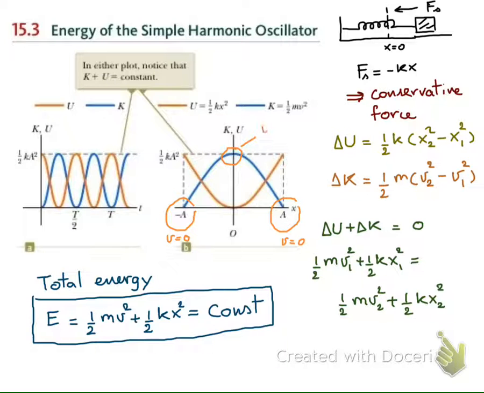When the kinetic energy is maximum, it means that the velocity is maximum also, right? And the potential energy is minimum. You can see that at the minimum value of the potential energy, x is equal to 0, which is the equilibrium point.